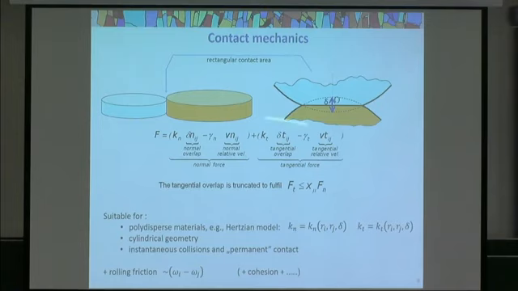To this general formula we may add other terms specific for any application, in particular rolling resistance or rolling friction, which is something that prevents the grains from rolling along the perimeter of each other, and we might have cohesion and some other interaction mechanisms.